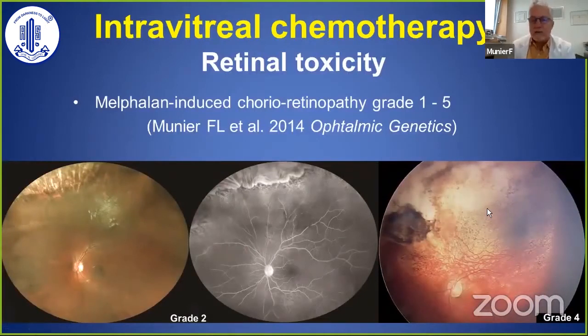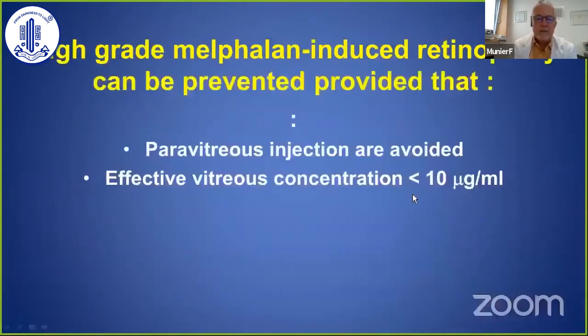So we can grade this toxicity 1 to 5. 5 is a total, I would say, retinal necrosis with panretinal reaction. I think there are 2 things that are very important to keep in mind, limiting, if not avoiding, the severity of this toxicity.